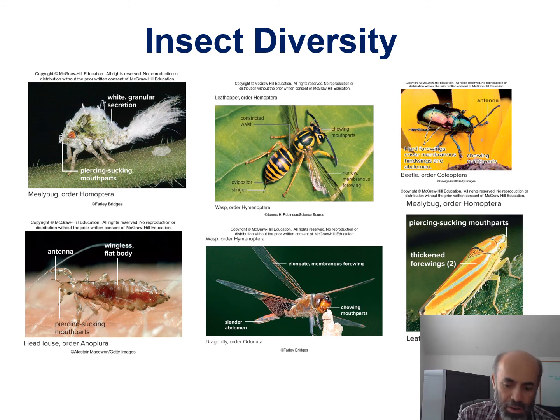Those are members of the wasp family that have a stinger that can cause a lot of pain to people. Then there are beetles and leafhoppers and dragonflies and head lice. People actually develop those. Those are also parasitic and suck blood from the skin of people.